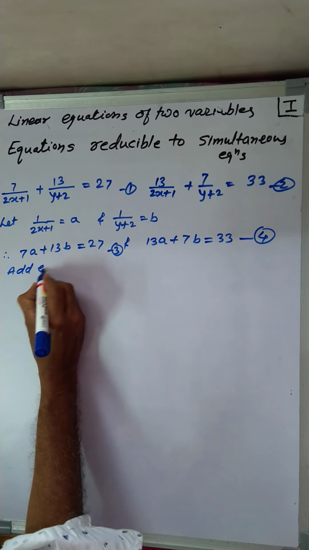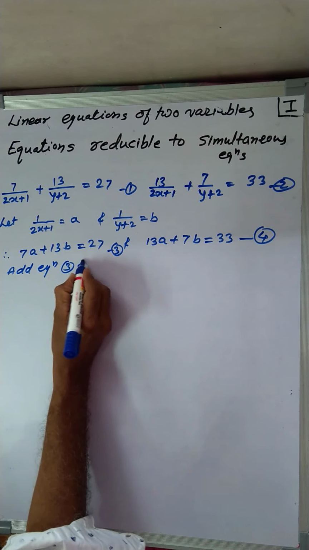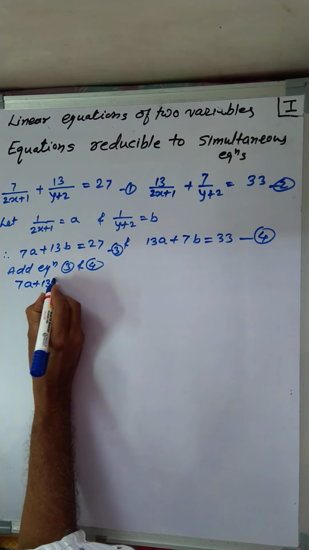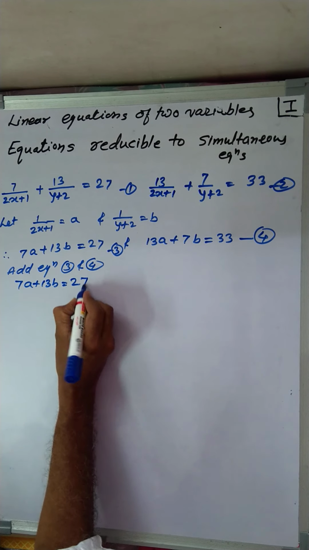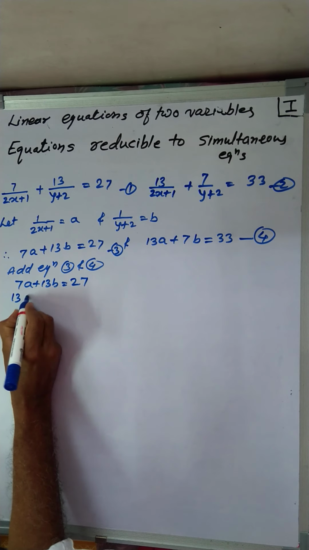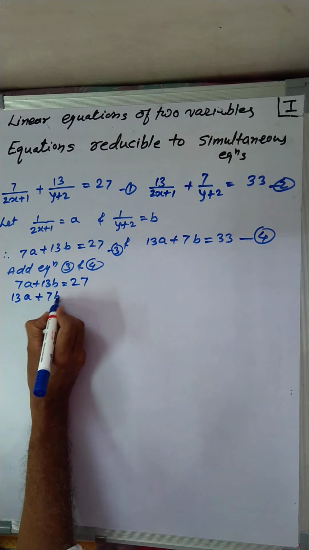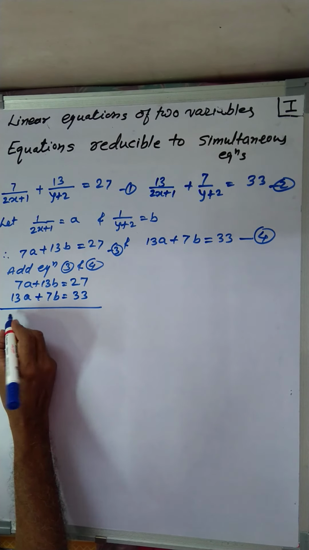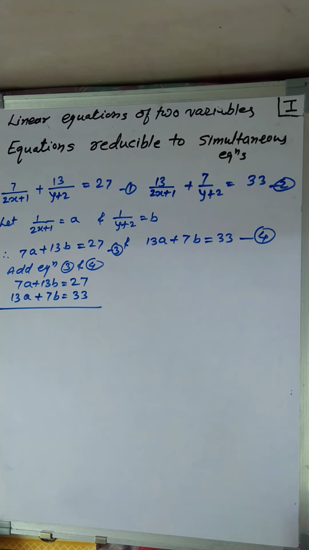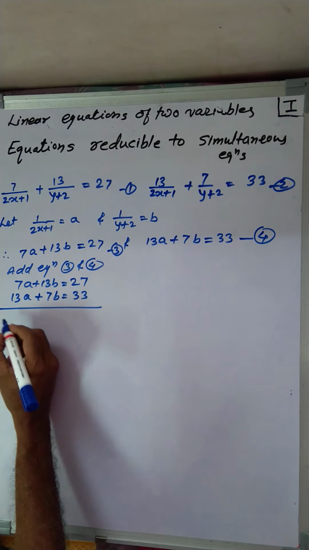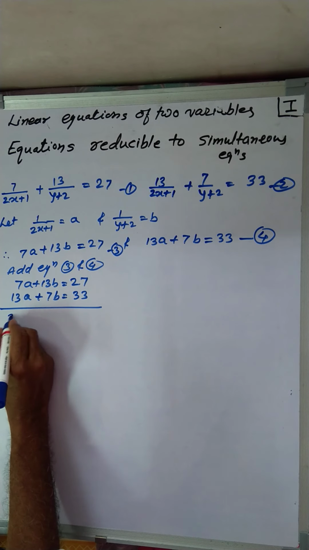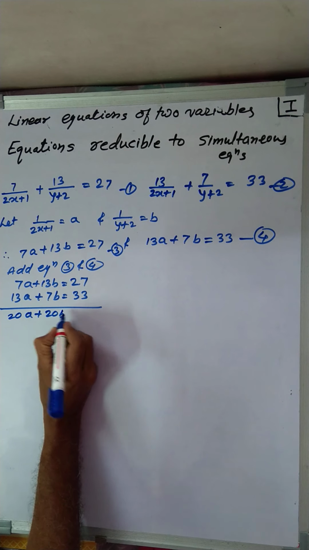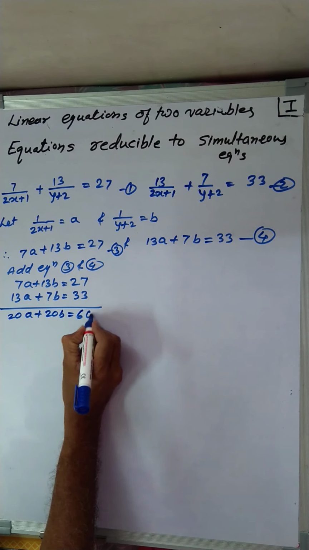Add equation 3 and 4: 7a plus 13b is equal to 27, and 13a plus 7b is equal to 33, which gives 20a plus 20b is equal to 60.